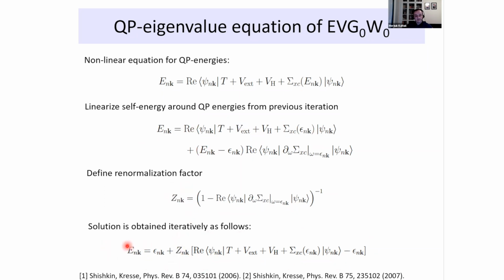The updated quasi-particle energies in this method are obtained from the original Kohn-Sham energies plus this renormalization factor times the difference of these two energies. Note that in this method, the orbitals are never updated. So only one gets new one-electron energies.